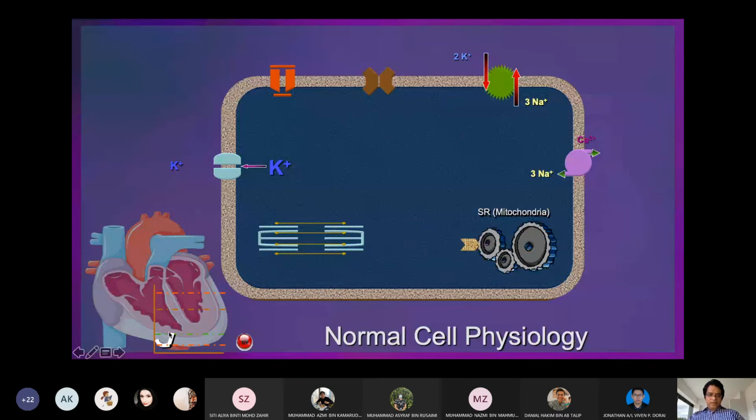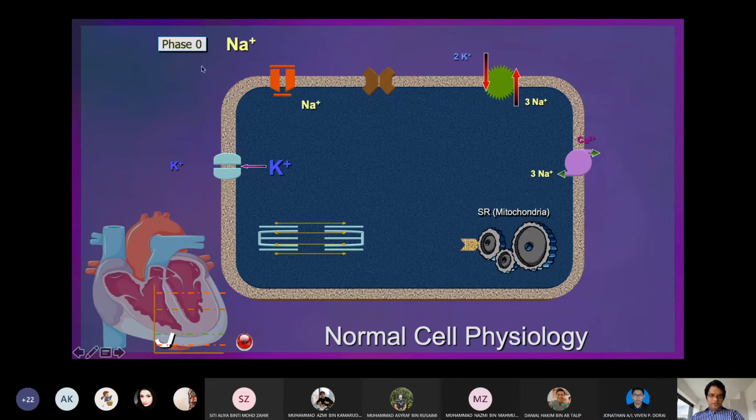Kindly notice here, because if you understand this slide, drug use for arrhythmia will be much easier for you. So we have 4 phases. Phase 0, what is actually in phase 0? Rapid depolarization due to influx of sodium. Rapid influx of sodium, right?